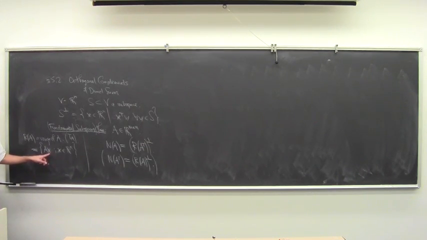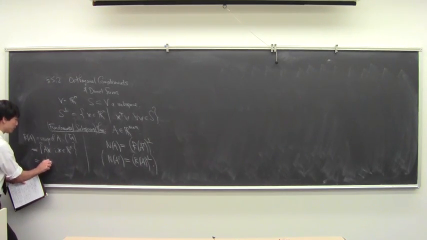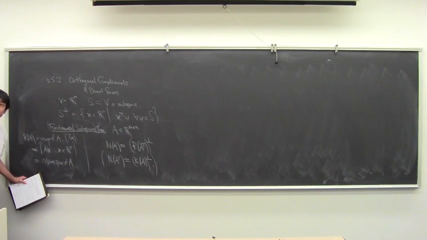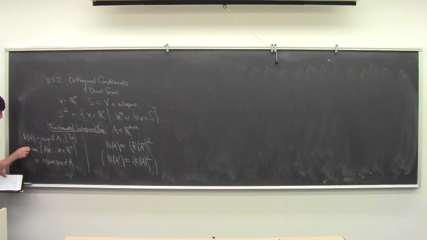Yeah. So what does this mean? This is going to be a linear combination of the columns, so it's the column space. So this is the same thing as the column space of A. Everyone all right? Any questions on notation at least?